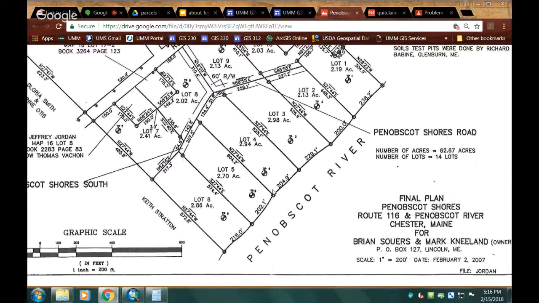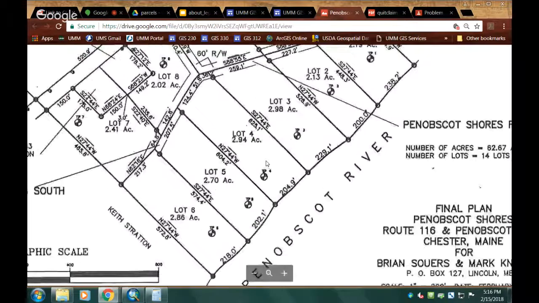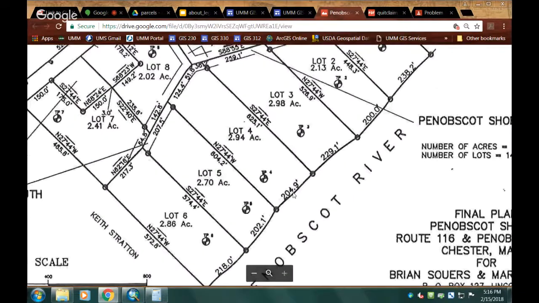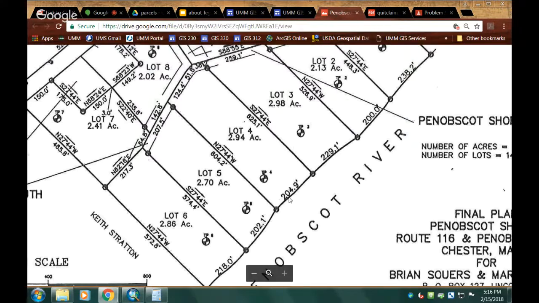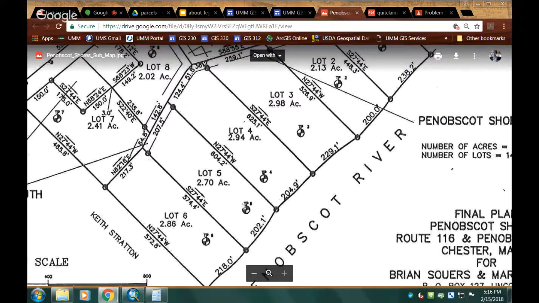And you can see some familiar features. So notice right here, what is this 204.9 with a little single quote? What does that mean? What is the single quote? It's distance in feet, good. So that's distance in feet. And this is along the Penobscot River, so that's just shore length.